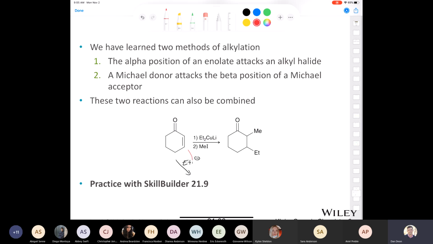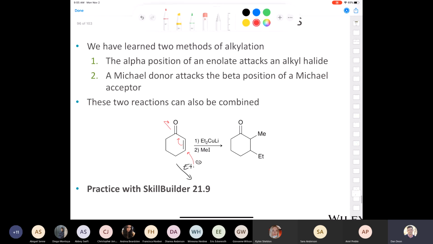So look what would happen. You would get nucleophilic attack, and you would form an enolate. Let's draw what that enolate will look like. So we're going to have our 6-membered ring. We have our enolate, and we're also going to have an ethyl group over here. Well, what's interesting is that you can take that enolate and treat it with iodomethane, and that enolate is going to be able to react, like this, and do an SN2 reaction to give you this product.